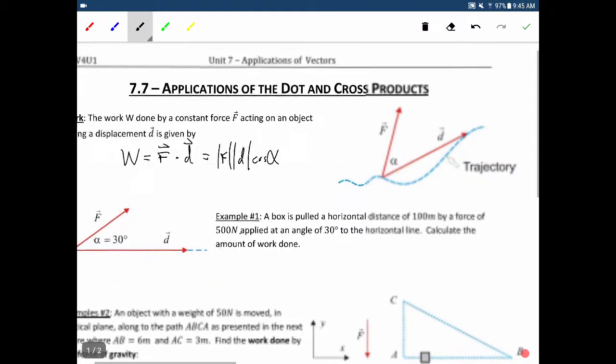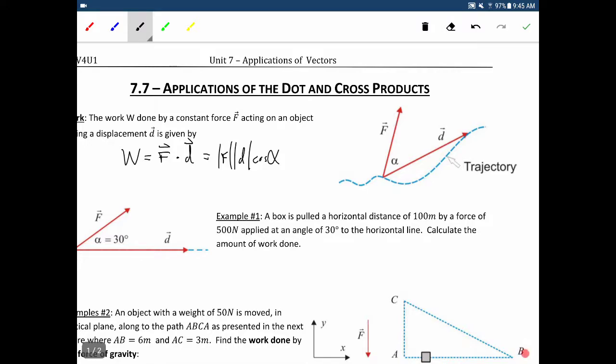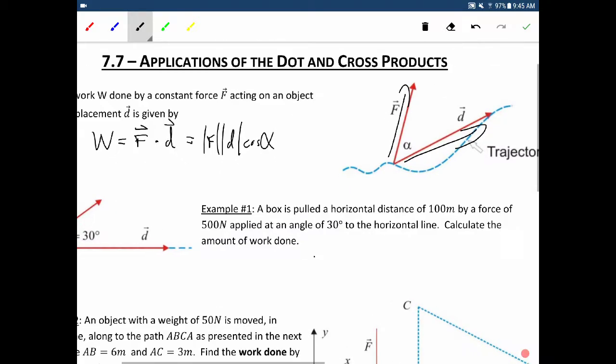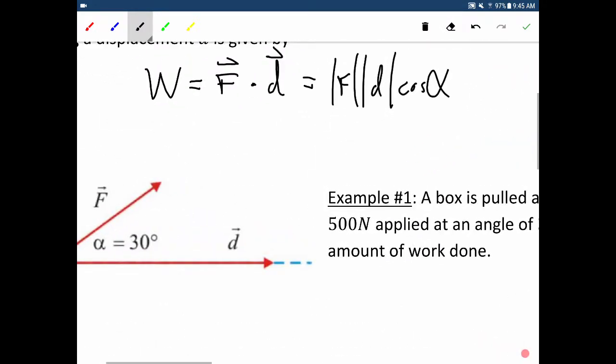You can see over here what this would look like if the force is going along this way and the displacement is going this way. That gives us our work W, which I can't really draw here because it doesn't have a direction, so that would be kind of meaningless. It's worth mentioning the units for each of these.